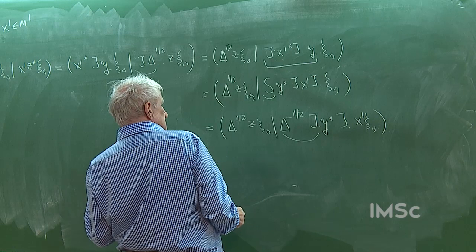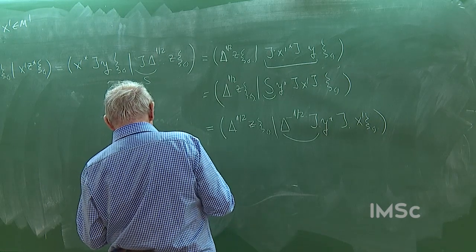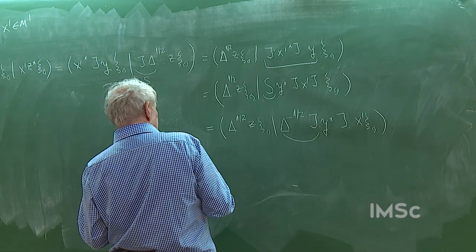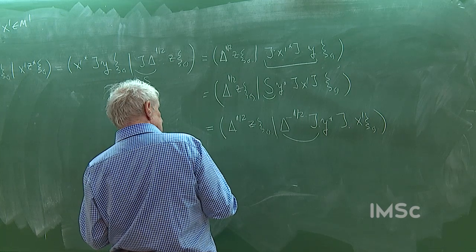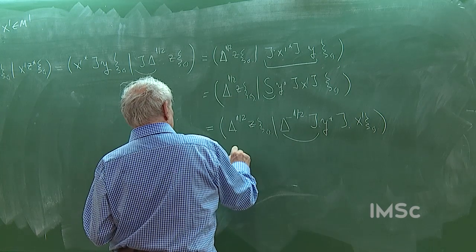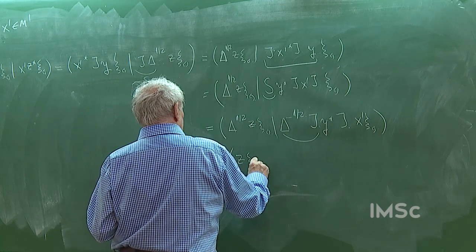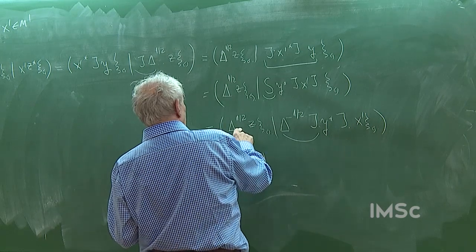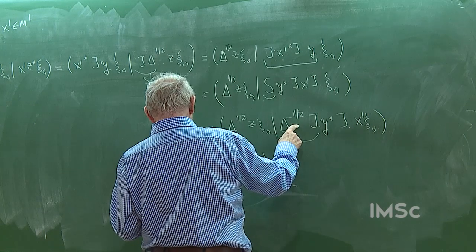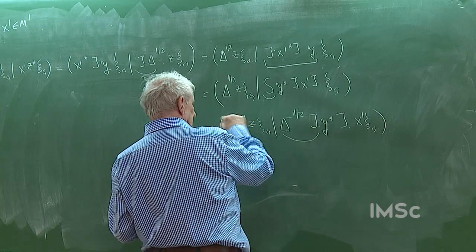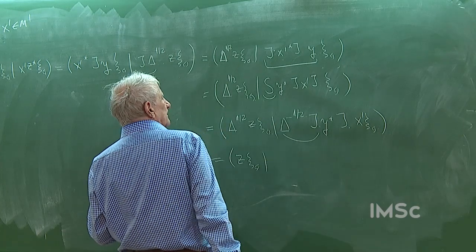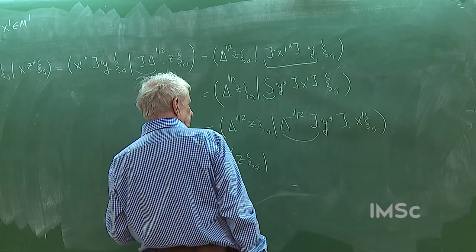And what I get finally is that this is Z psi naught; delta power 1/2 and delta power minus 1/2 cancel because I pass to the other side by adjunction.